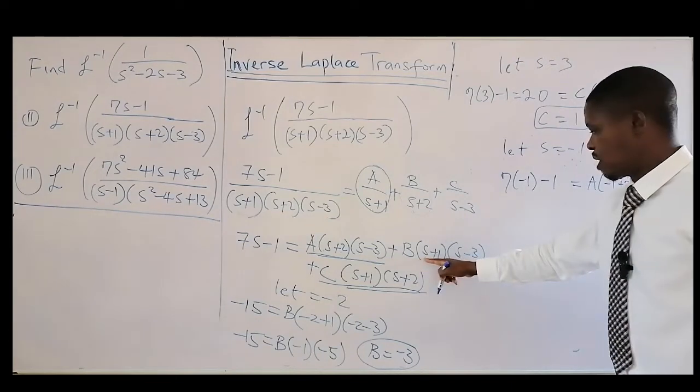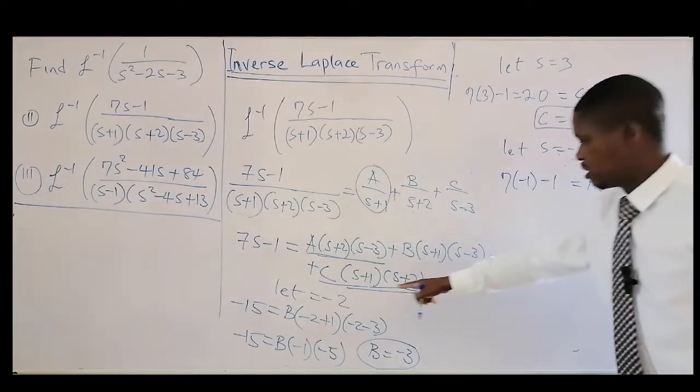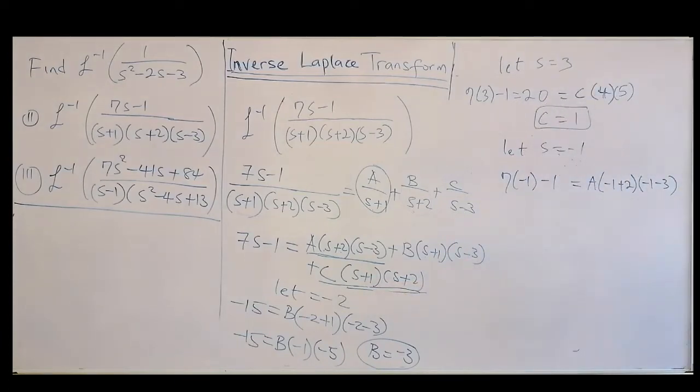Here it will go, minus is there, this will cancel, this also will cancel. Then I will now have minus 7 minus 1, that's minus 8, equal to A into brackets (minus 1 plus 2), that's 1, and this is what? Minus 1 minus 3, that's minus 4. So minus will cancel out, then I have A equal to 8 over 4, and that's 2.